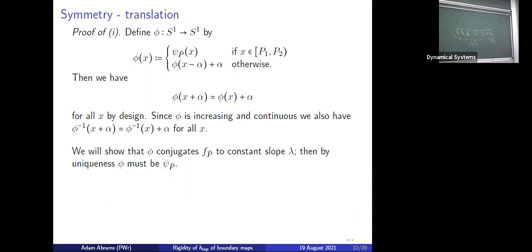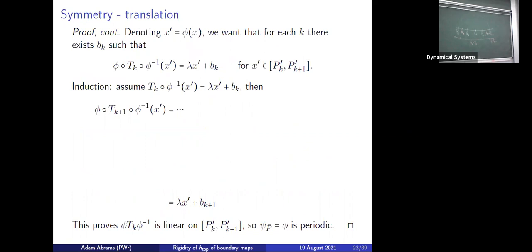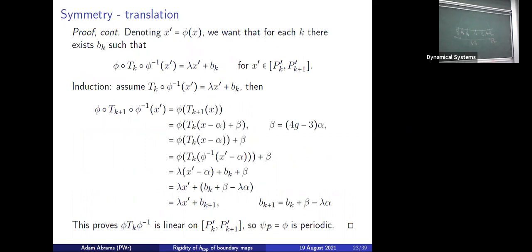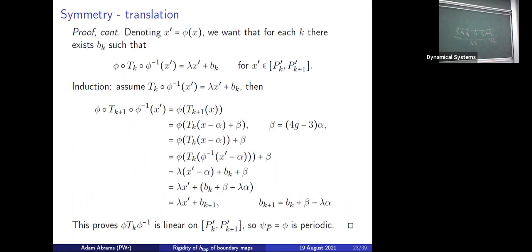We prove that this new map phi does conjugate fp to a map of constant slope, which means this map phi actually is our conjugating map psi. And so yeah, we proved just with some algebra and looking at these relationships between generators carefully that it is constant slope.